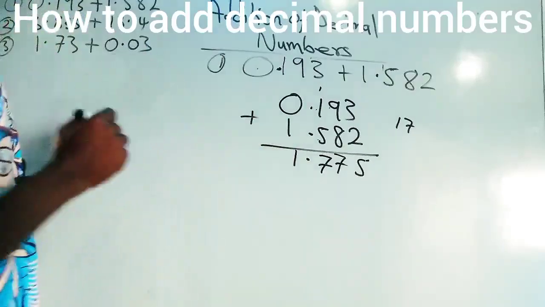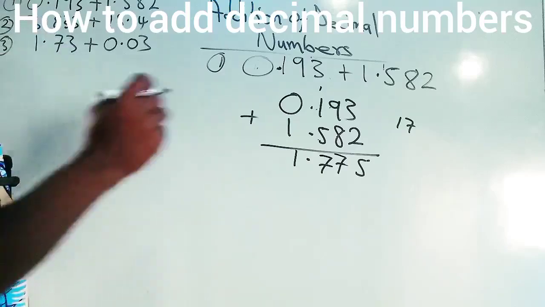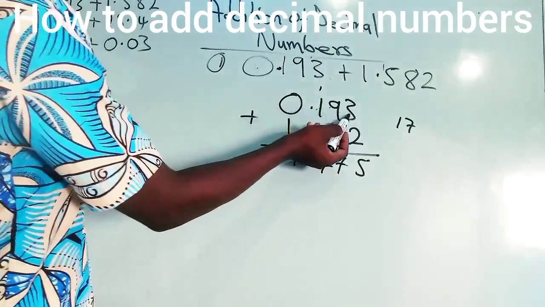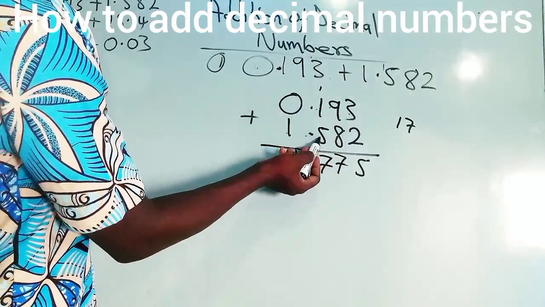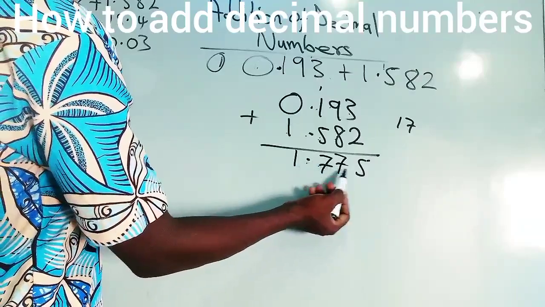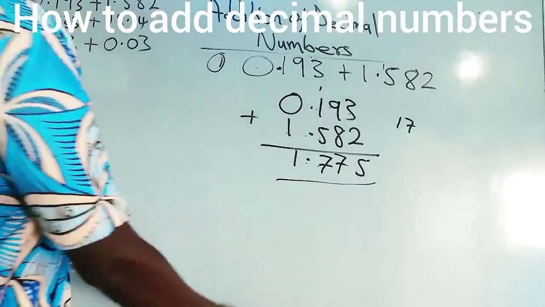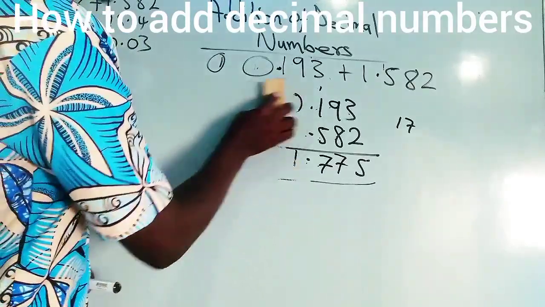Therefore, 0.193 plus 1.582 will give you 1.775 as your answer.